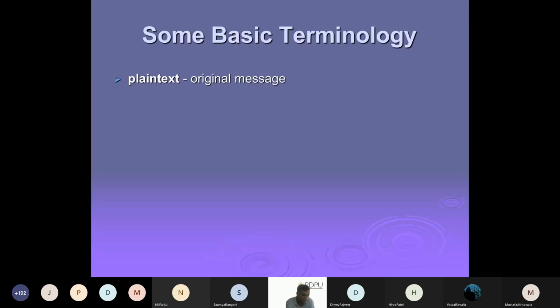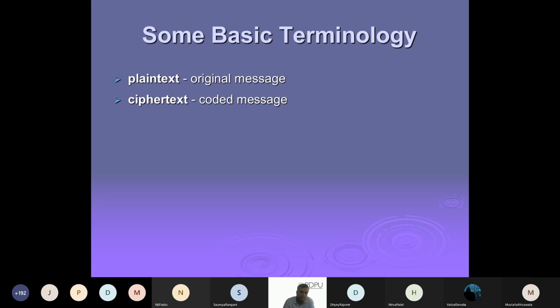Before going into this security material, we are taking certain terminology. The plain text means the original message that I want to send. The sender wants to send it to the receiver, and the receiver wants to get the message. That is the plain text. Once the sender converts the plain text into some garbled message, we call that the ciphertext, and the ciphertext is sent over the network.